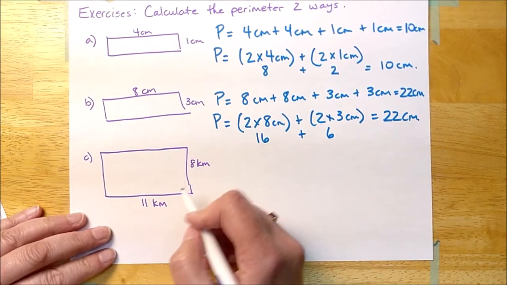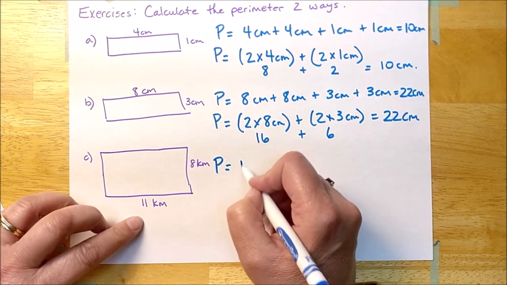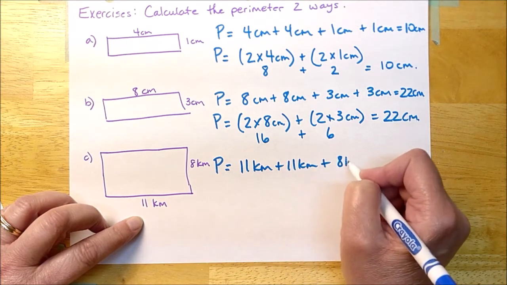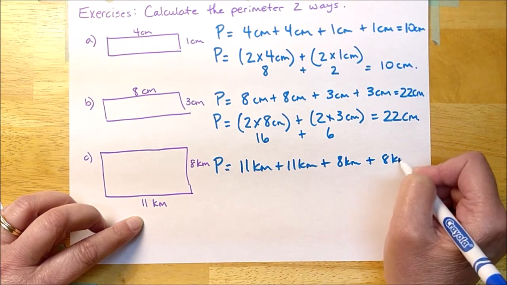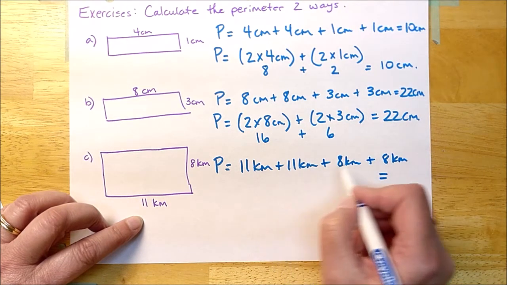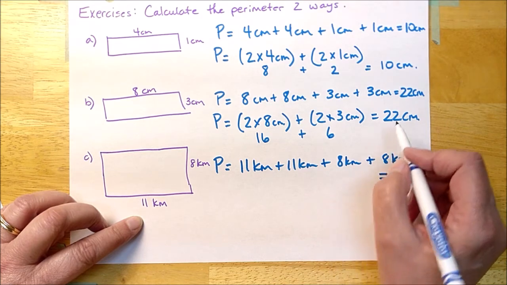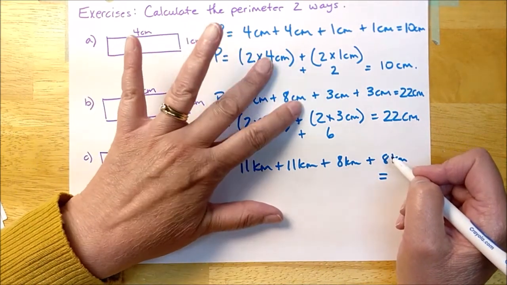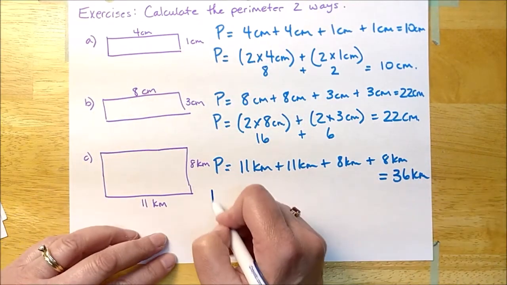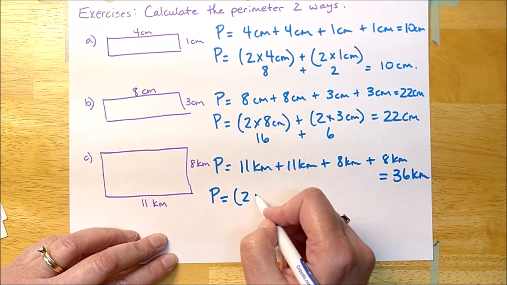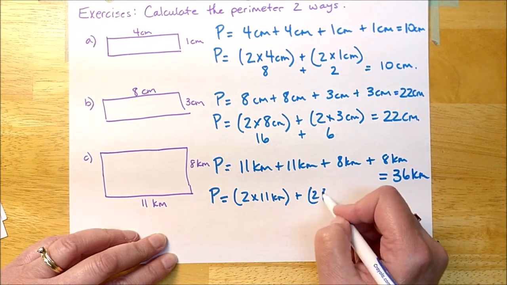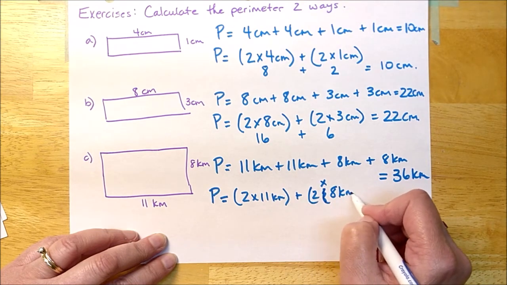Awesome. Okay, so this one would be 11 plus 11 plus 8 plus 8. And that would equal 22, 29, 30, 31, 32, 33, 34, 35, 36. 36 kilometers. If I'm going to figure out the multiplication way, I would say 2 times 11 kilometers plus 2 times 8 kilometers.